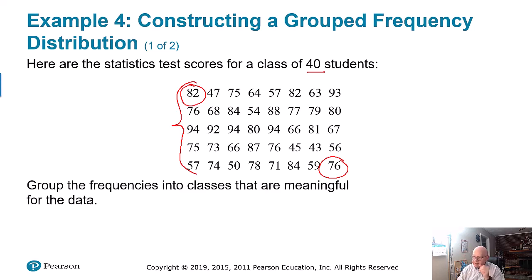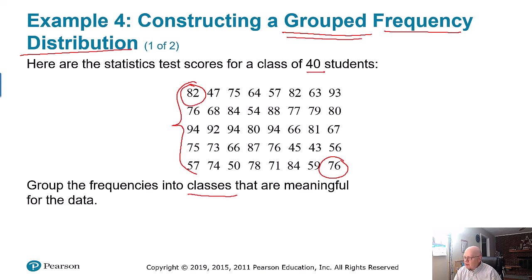Now, this is a second way of creating a frequency distribution. This is a grouped frequency distribution. To do that, we create classes, equal classes that are meaningful for the data. For example, we might take them by 10s or 5s.